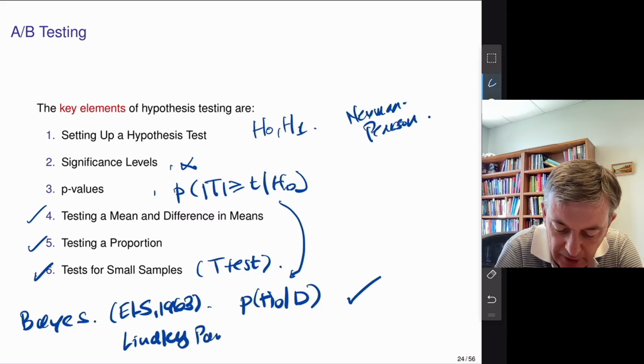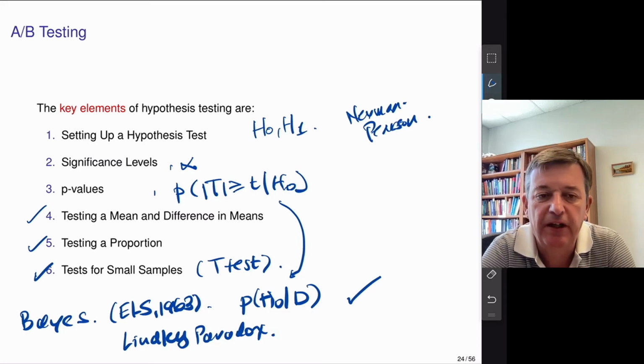And another interesting example where p-values give very different answers to the Bayes approach is something called Lindley's paradox. And again, the intuition of Bayes is sort of sensible.